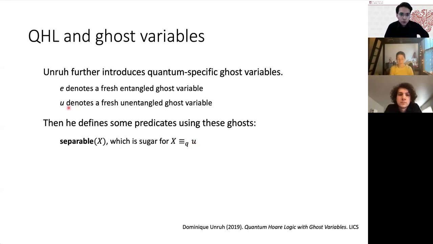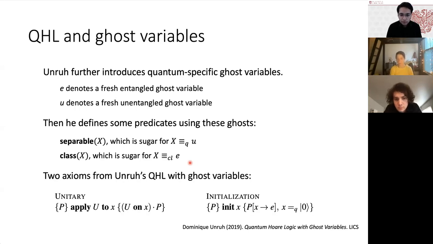So U basically denotes a separable quantum state. X quantumly equal to U can be written as separable X. Similarly, another useful predicate is class X, where the given variable or list of variables X is classically equal to E, some entangled variable in the system, where on measurement, they will return the same outputs.